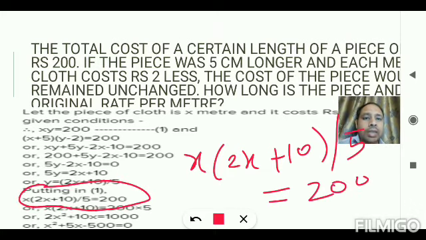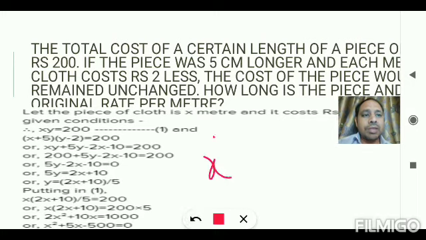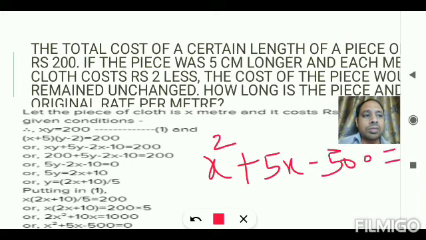If you simplify this one, you will get a quadratic equation as x square plus 5x minus 500 equals to 0.